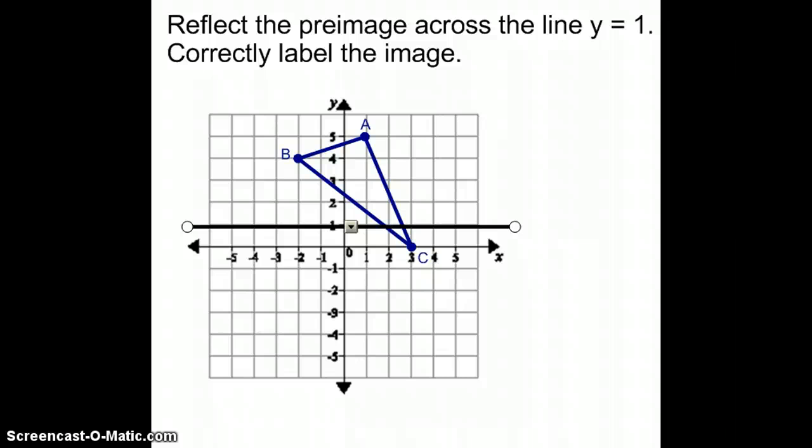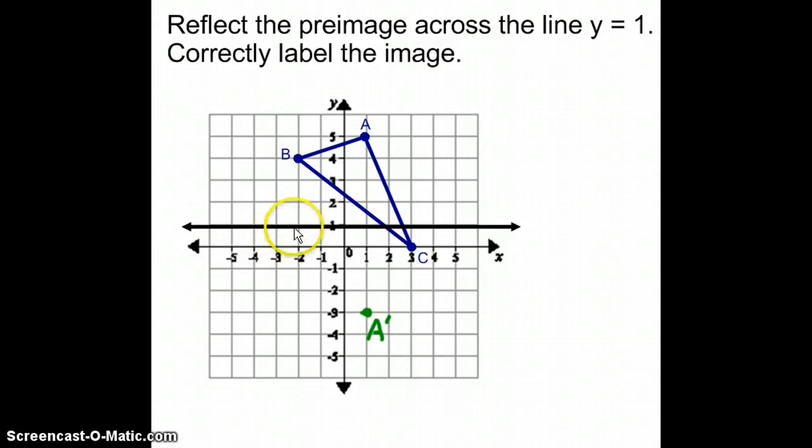So if we look at the coordinate of A, we can see that it is 1, 2, 3, 4 units away from our mirror line, which means we need to go 4 units to the opposite side. So if we count from our mirror line, y equals 1, 1, 2, 3, 4 units away, we can draw our point and label that as A prime.